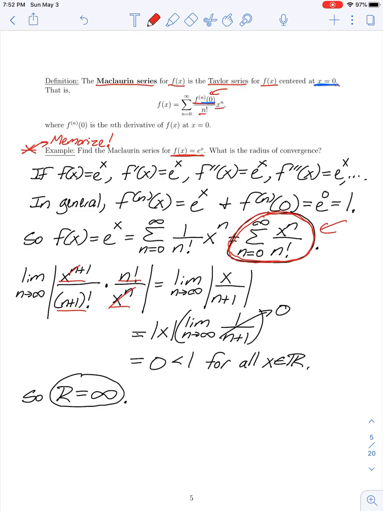It turns out that we can find Taylor series for certain related functions very easily, as long as we know the Maclaurin series for e to the x. So in the next part of this lecture, we'll talk about some Maclaurin series for other common functions and start to talk about their applications.